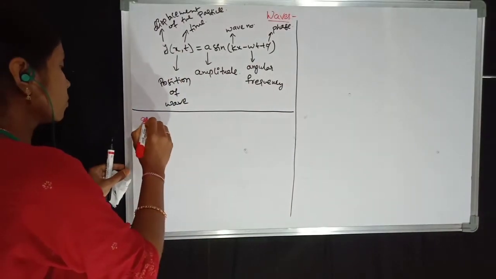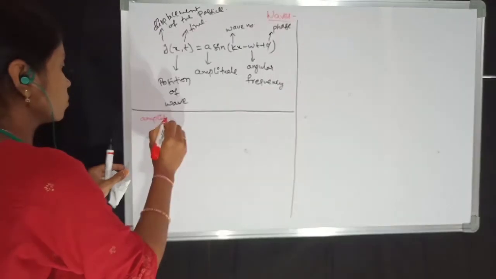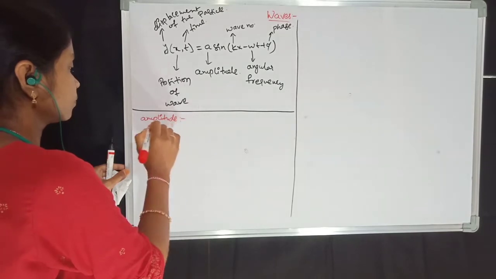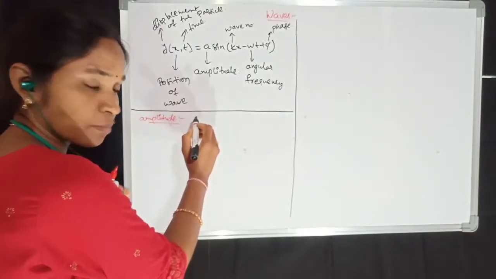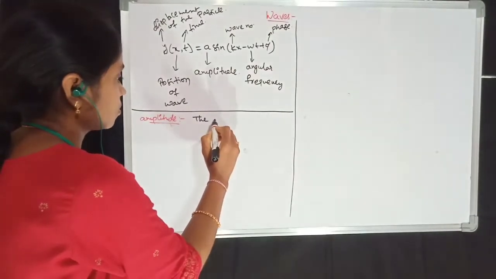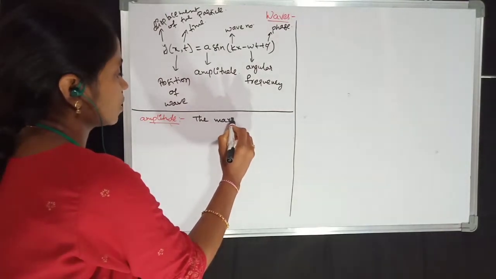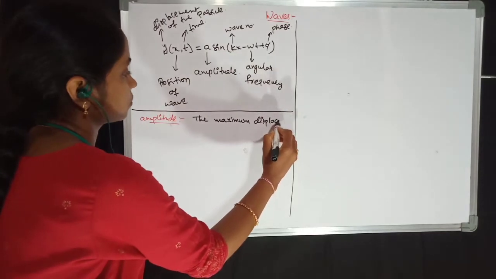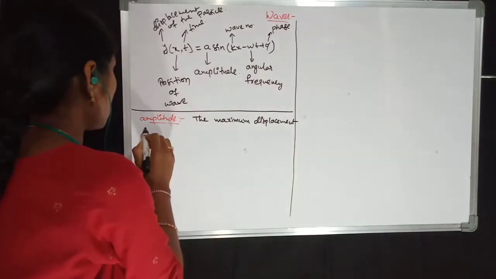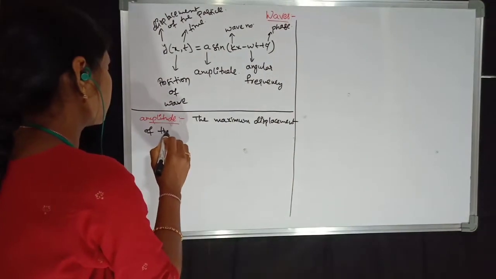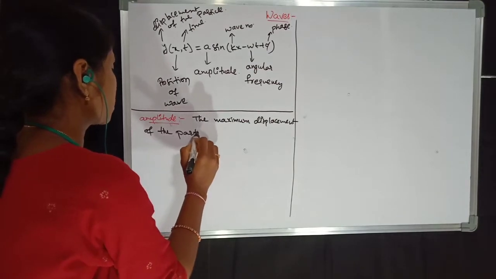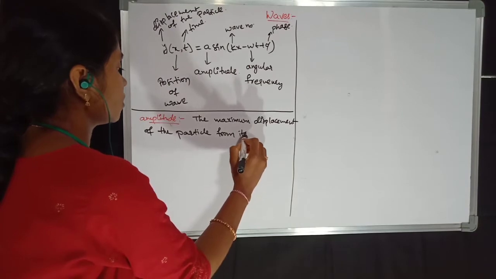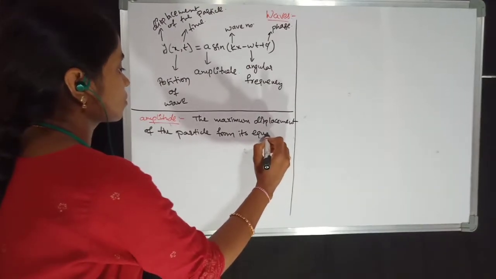Coming to amplitude. Amplitude is the maximum displacement of the particle from its equilibrium position.